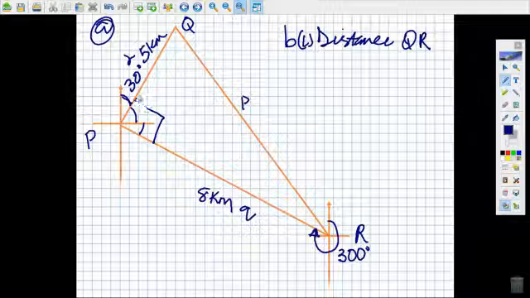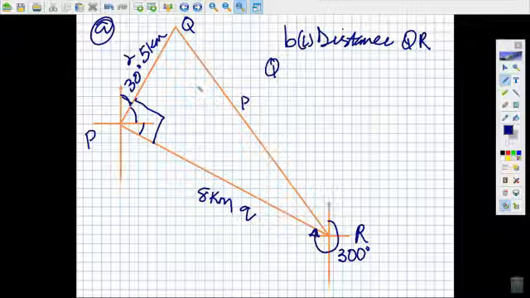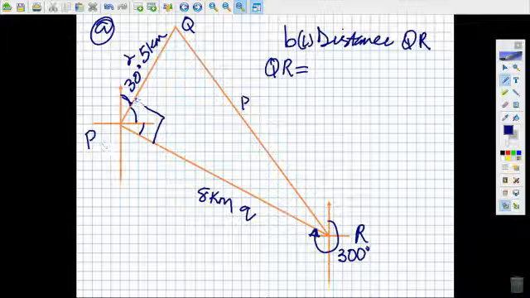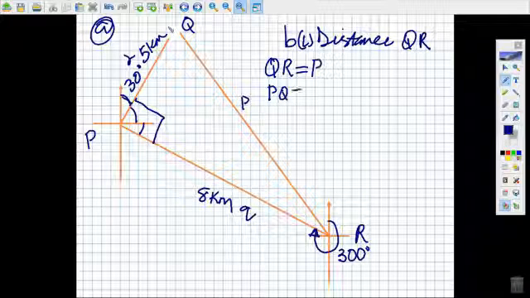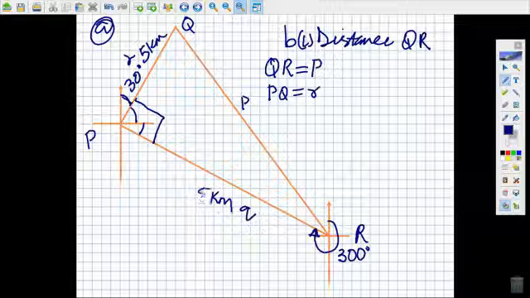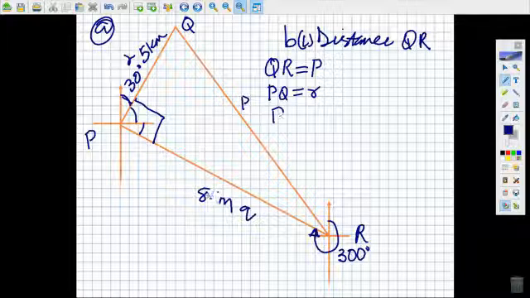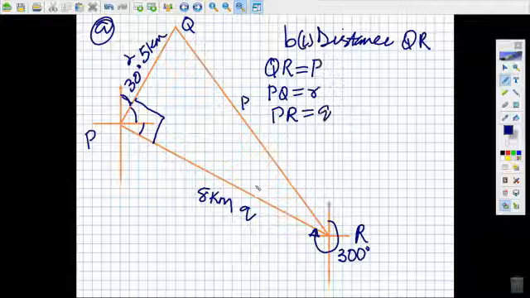So QR is equal to p, PQ is equal to r, and PR is equal to q.